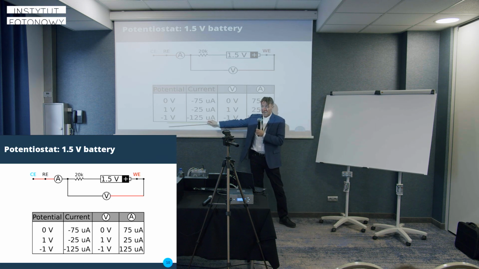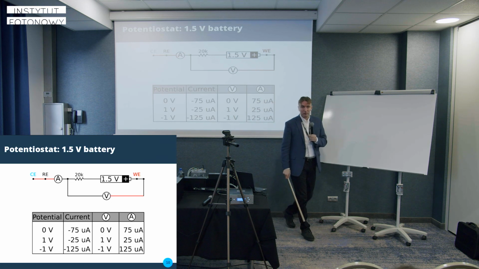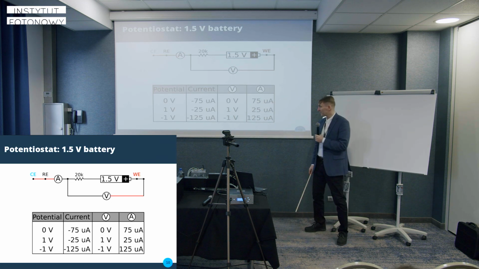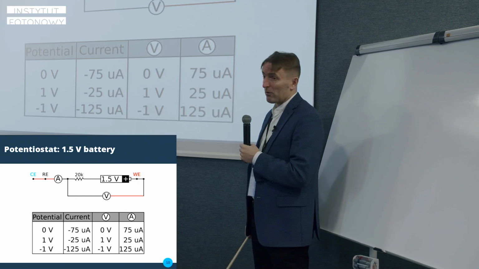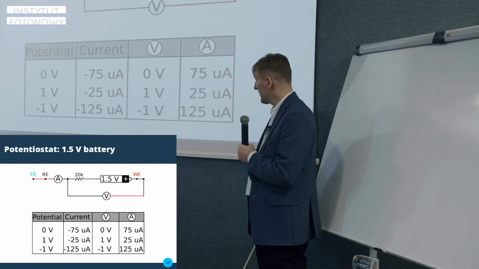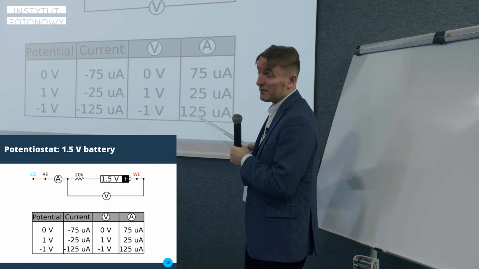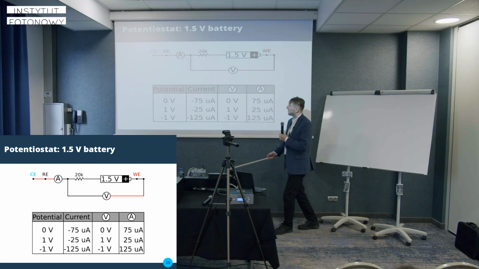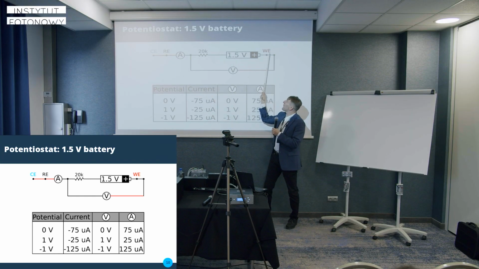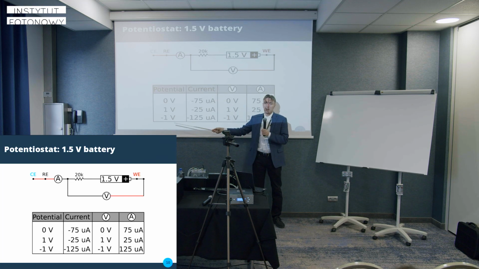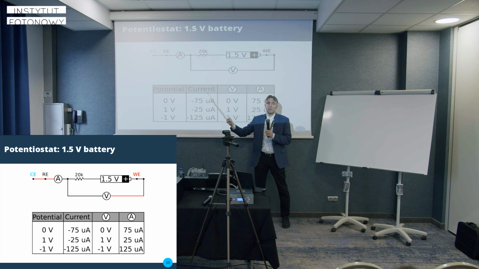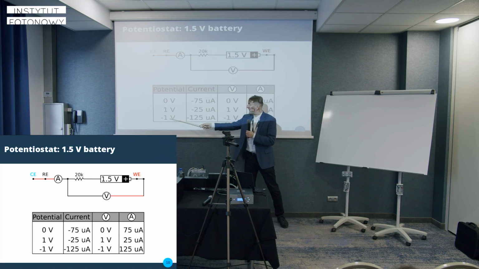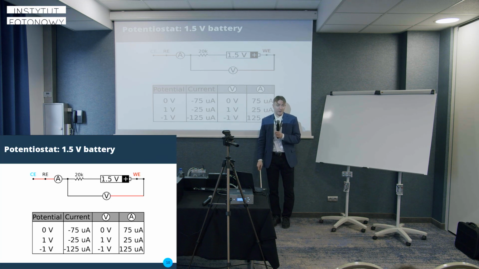But let's do one more exercise. Let's set minus 1 volt on the potentiostat, on the bias field. Now, the voltmeter will show also minus 1 volt. However, the current will be larger. And why is that? Because we want to have between those 2 points minus 1 volt, and we still have to drop this one, this voltage, and also in addition 1 more volt, because this is the difference between this setting and that what we have in our circuits.